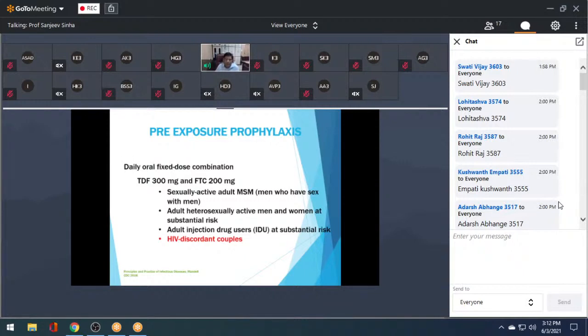So as a national program, we don't have a facility for HIV resistance testing for now, but maybe it will be available in the future because it's a very important test. And now many patients who are developing mutation or HIV resistance failure, we are able to diagnose at an early stage, and they are landing as multi-resistant HIV infection.